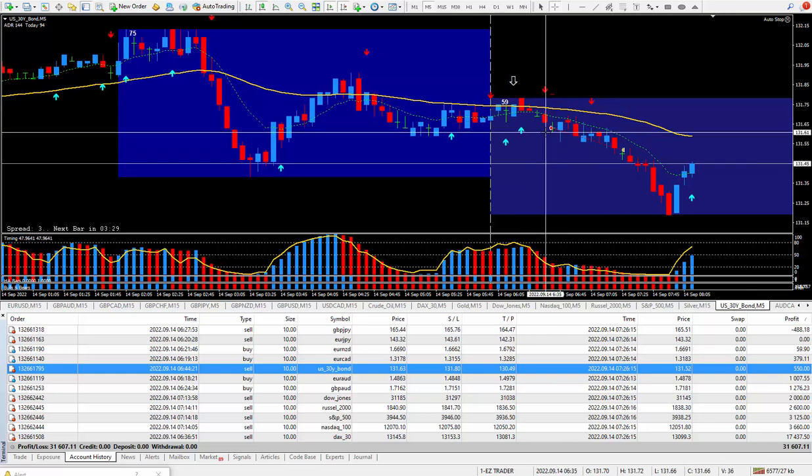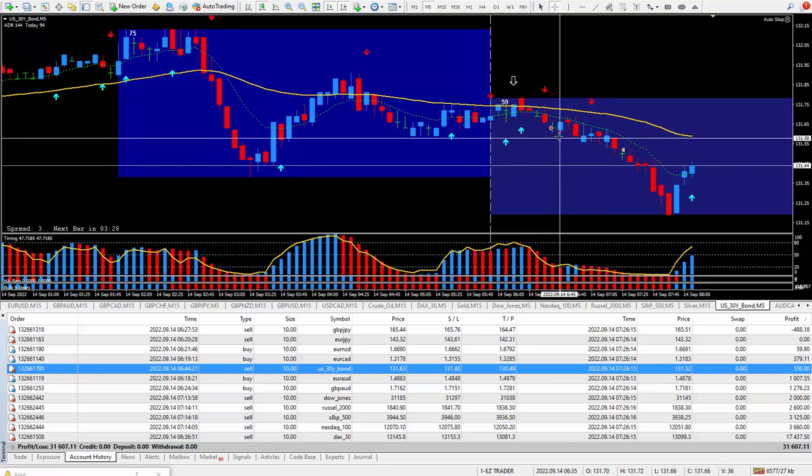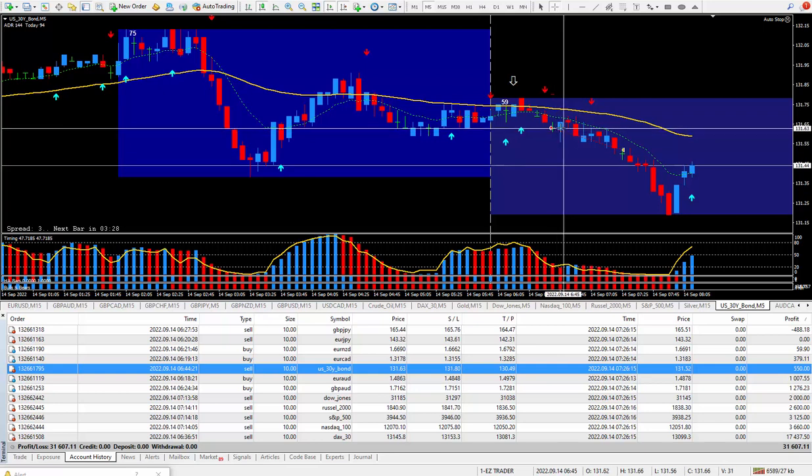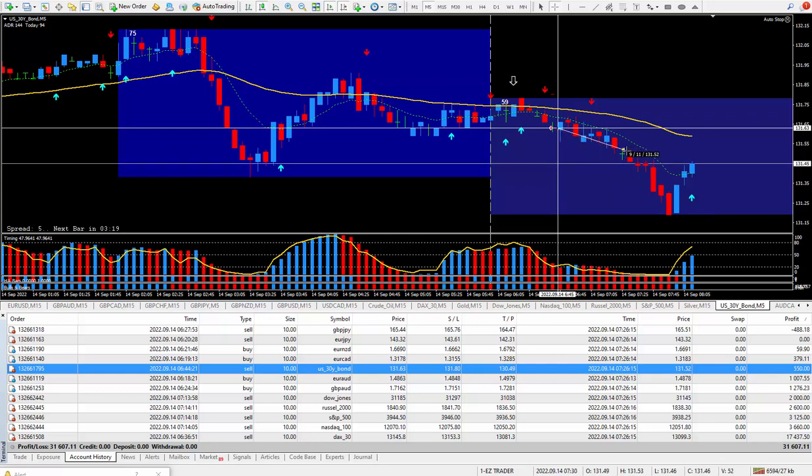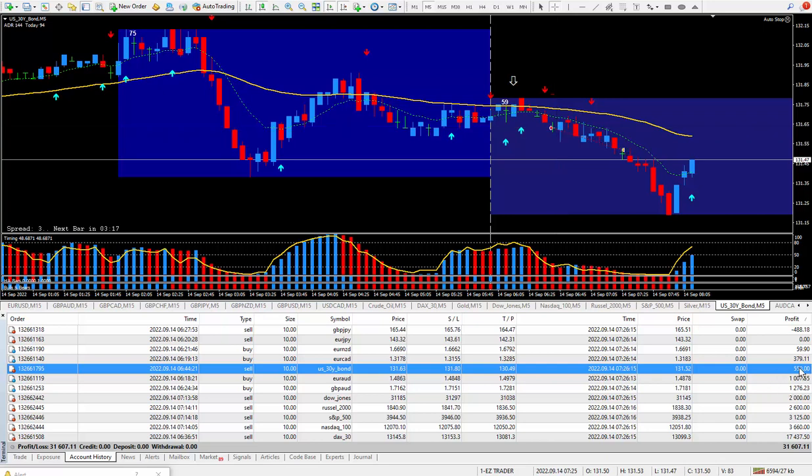I actually got in just a little bit late, but not a big deal. Pulled the trigger there. Could have made a lot more. That's about 43. But I was happy with 11, and it has to be 11 because if you take the money divided by 5 times the 10 lots, that paid out $550.